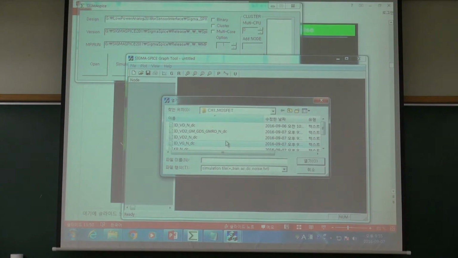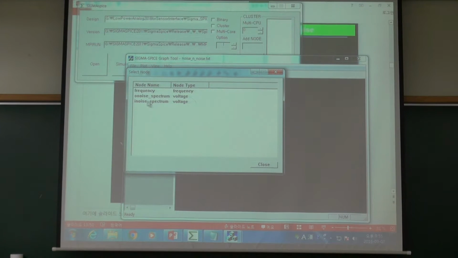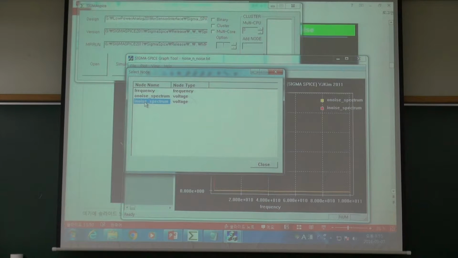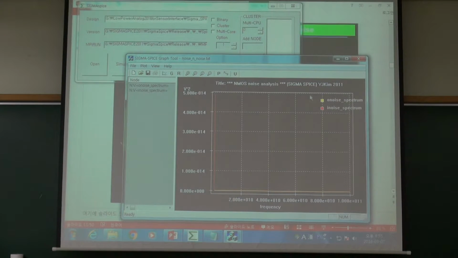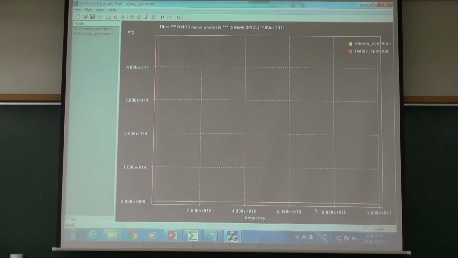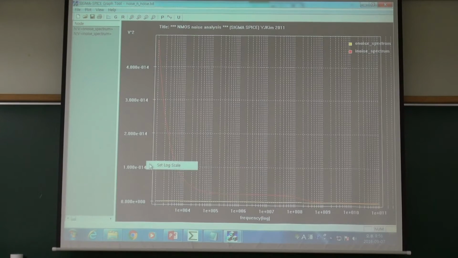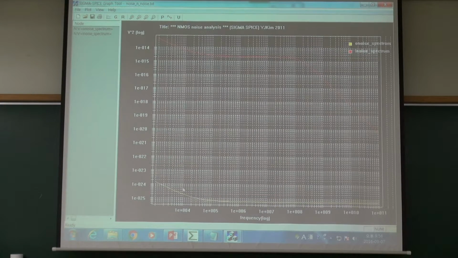So do I have a noise analysis here? Oh yeah, here. I have the output noise spectrum, which is actually current, and the input noise spectrum, which is the gate node voltage. The horizontal axis is frequency, and the y-axis is power spectral density. This is the power spectral density of drain current noise.